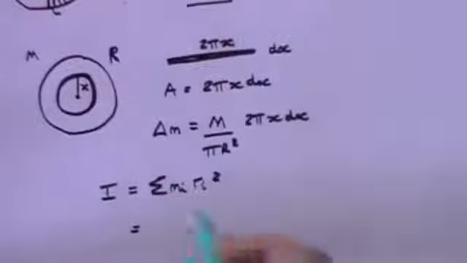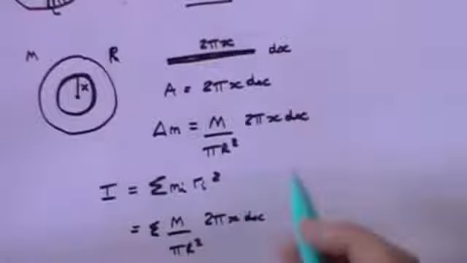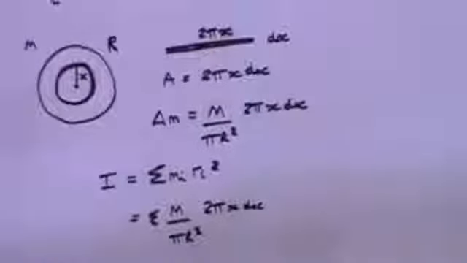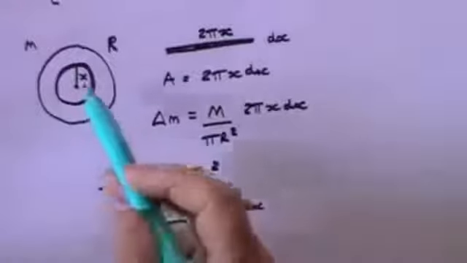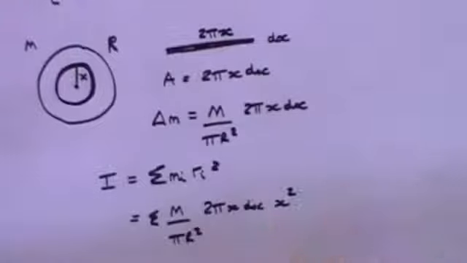So you're going to have the sum of mi, which will be m over pi r squared times 2 pi x dx, times ri squared. Well, ri is simply the distance from the ring to the centre, which in my terms here we've called x. So x squared is essentially ri squared.